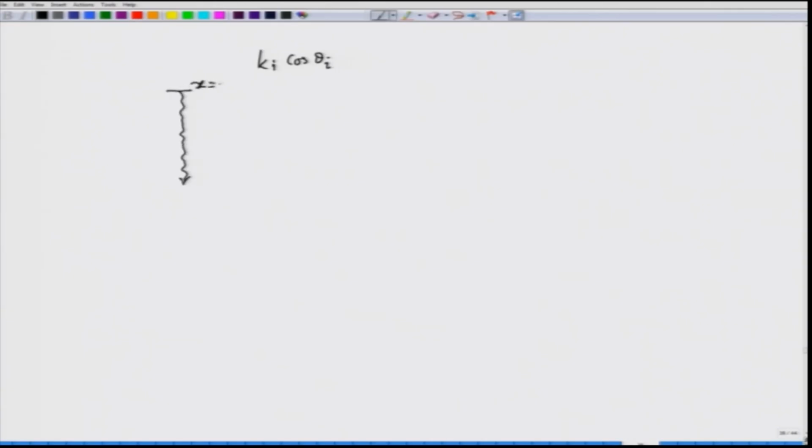So, this is my x equal to 0 boundary at which E total was equal to 0, but as I go along x, at a certain value x equal to −h, such that k_i cos θ_i h is equal to π, the first time it happens.